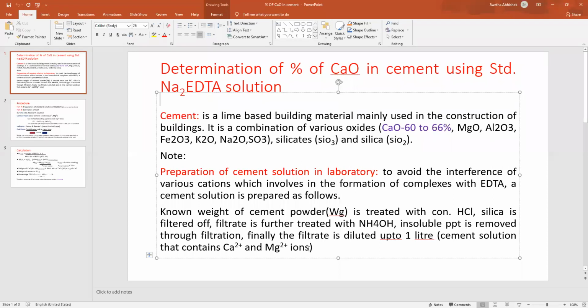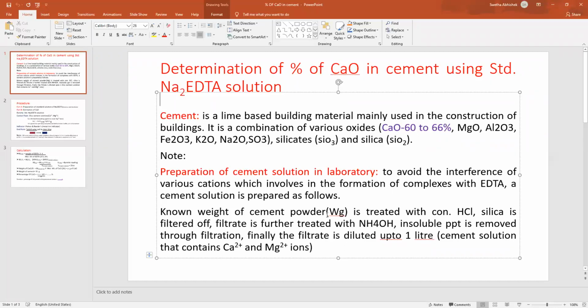Once the filtration is done, the final filtrate which is left over consists of only calcium oxide and magnesium oxide. This filtrate is further diluted by adding DI water to get 1 liter of cement solution. Now this 1 liter of cement solution consists of calcium oxide and magnesium oxide, in which we have to estimate only the amount of calcium oxide present.